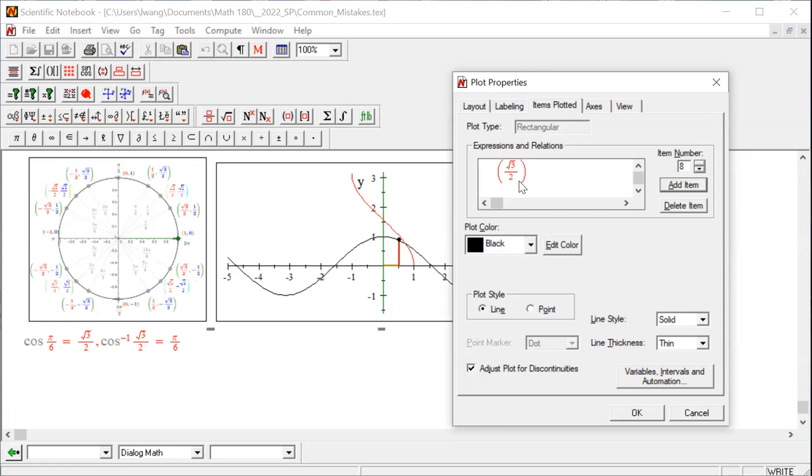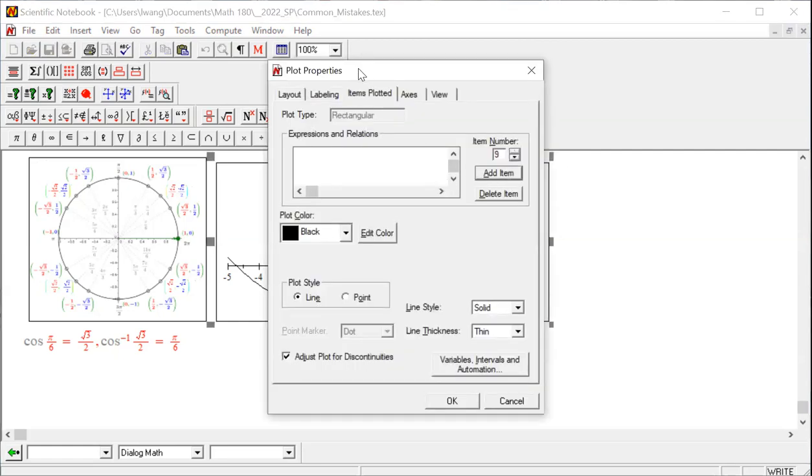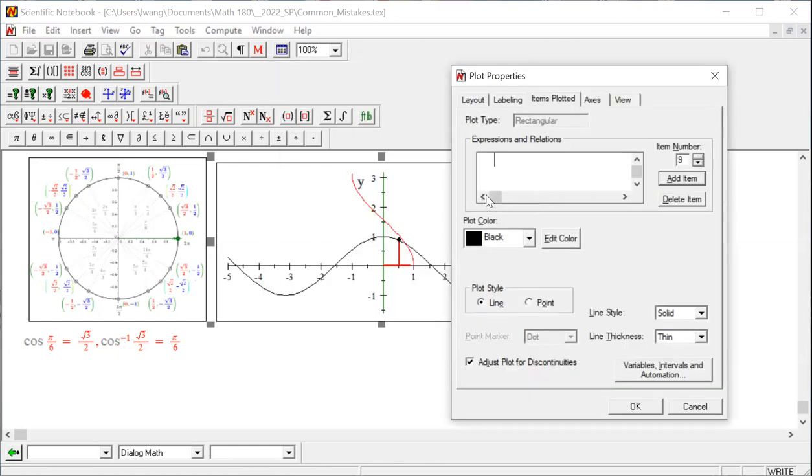So this is the red lying down, and it will give us the arc length. The arc length is going to be pi over 6. I hope to give you a clear show. Okay, so this is root 3 over 2.